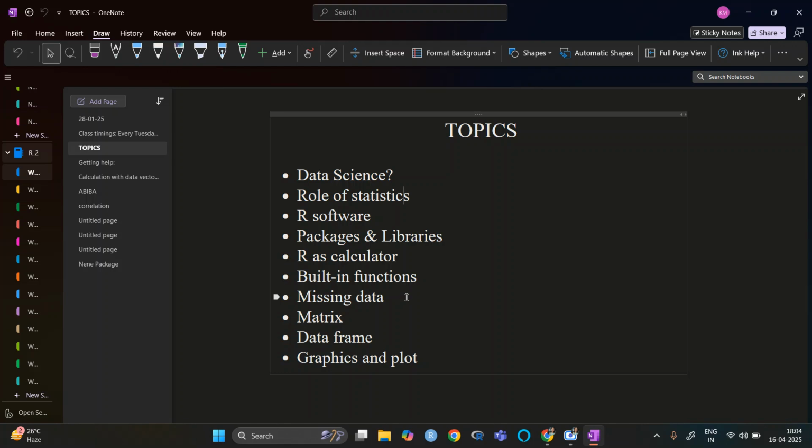Here na stands for not available, so for missing data you have na.rm, where rm is for remove. We set this equal to TRUE, and it will remove the missing data. The next topic is the matrix.